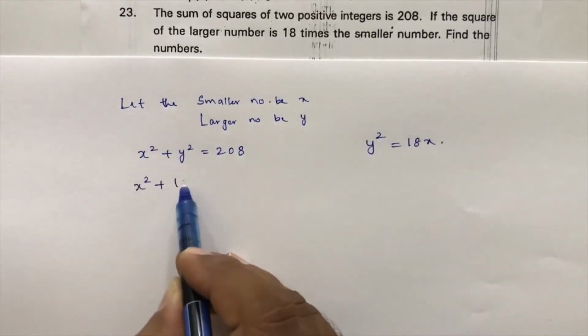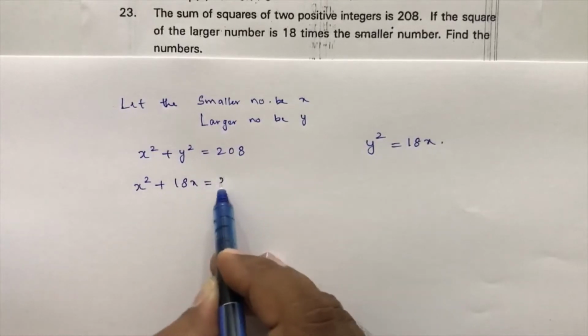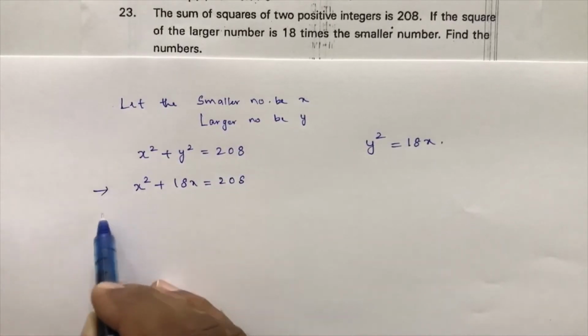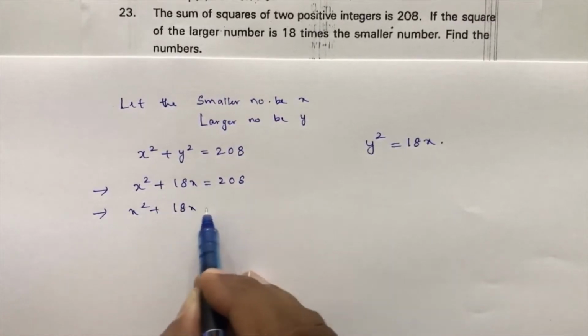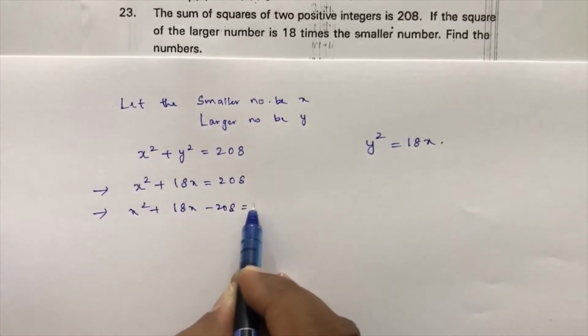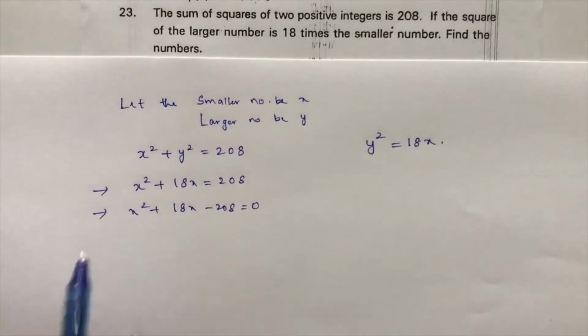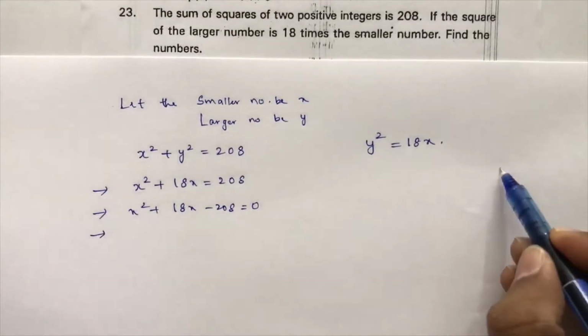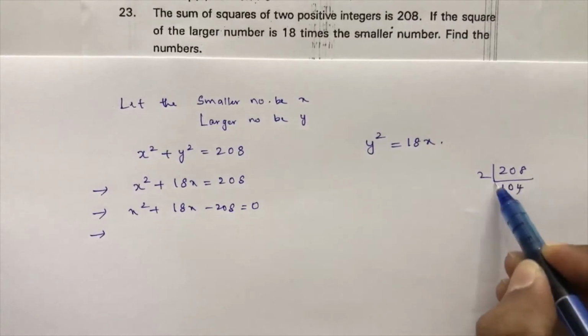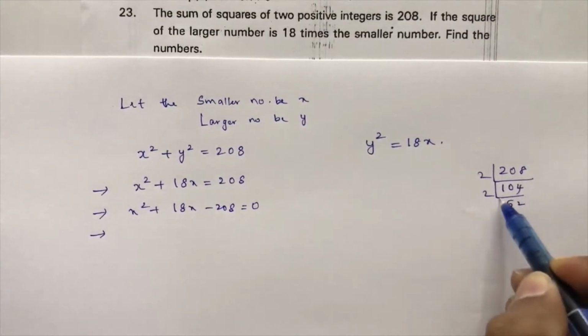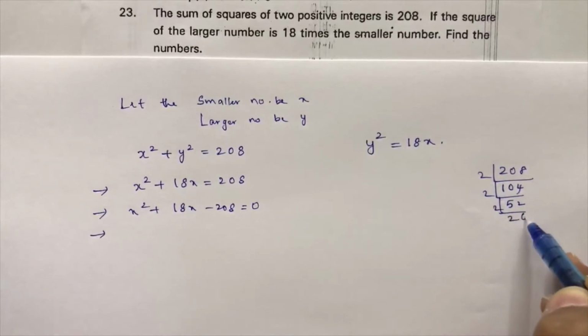X square plus 18x equals 208. If I simplify, x square plus 18x minus 208 equals 0. Next, if I factorize 208, I need to get factors like 2 times 104, 2 times 52, 2 times 26.